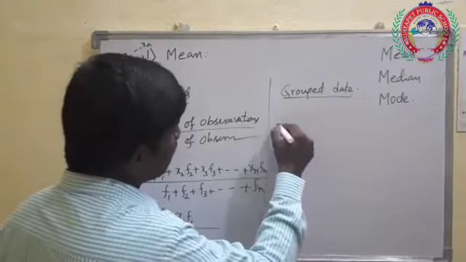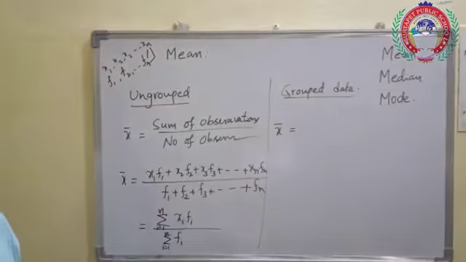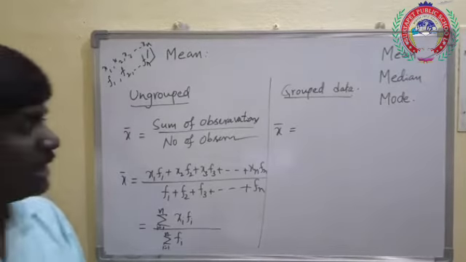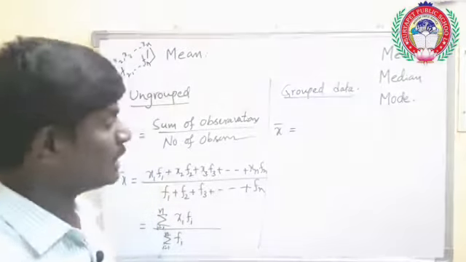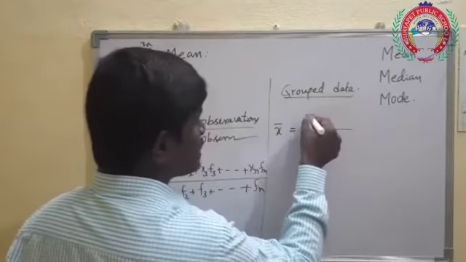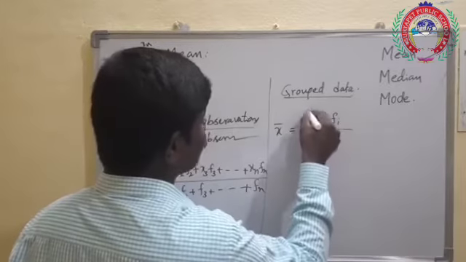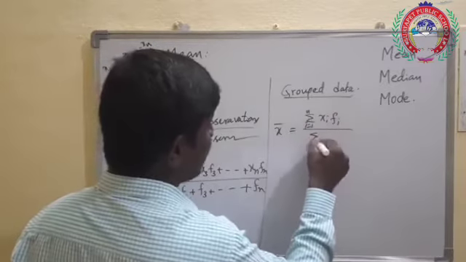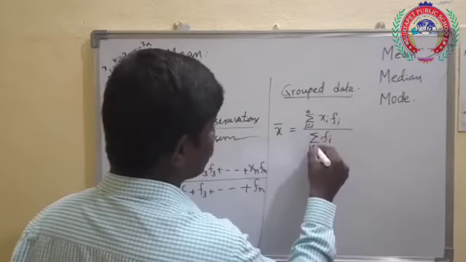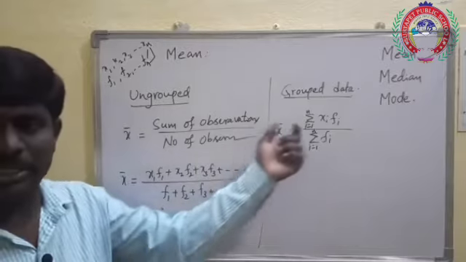When it comes to grouped data, the arithmetic mean can be found in three different ways. We have three methods to find the arithmetic mean. The first one is sigma xi fi, where i equals 1 to n, divided by sigma fi, where i equals 1 to n. Same formula, we already got the same formula here.